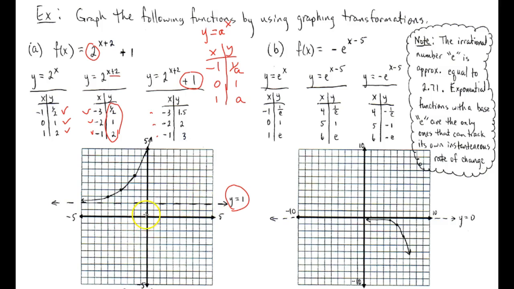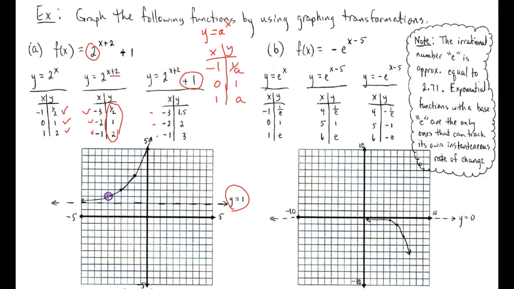Each tick mark here is half of a unit for this example. So in looking at this, we have our 3 points, which are (-3, 1.5), (-2, 2), and (-1, 3). Here, if we look, this is 1, 2, 3, and this is 1.5.